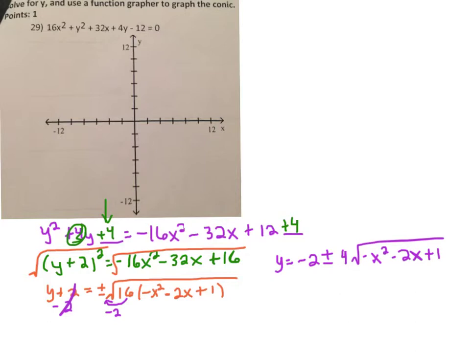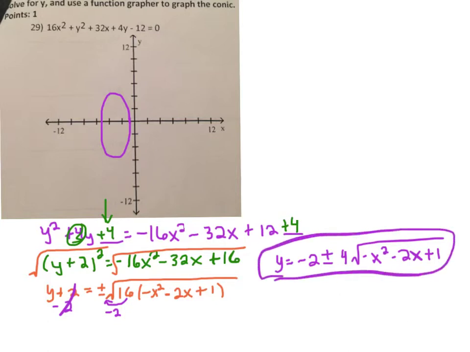You can put that into your calculator and graph it. You get an ellipse that's like over here or something. But I would look for the answer choice that has the right y equals, and then secondarily look at the graph personally.